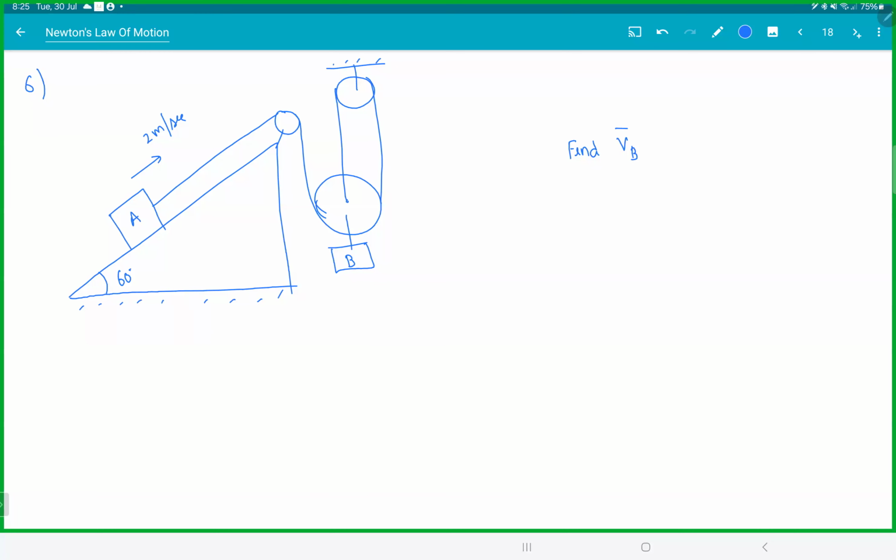Let's get this. We have an incline. A is sliding on the incline. B is attached with a pulley with 3 strings now. So be careful. Every time it will not be 2T.